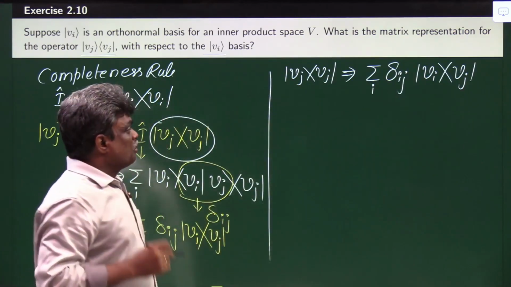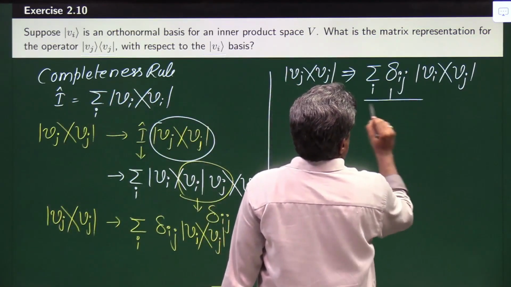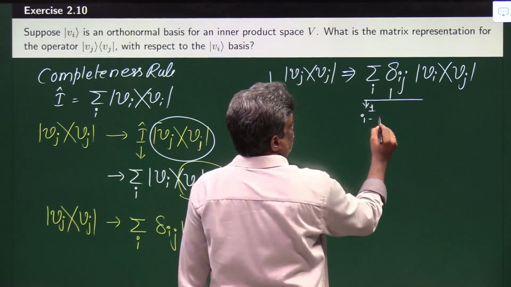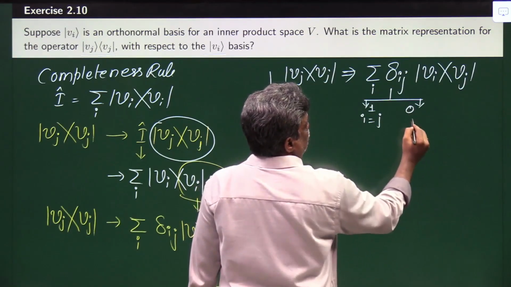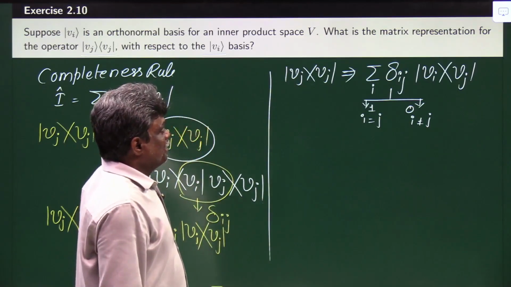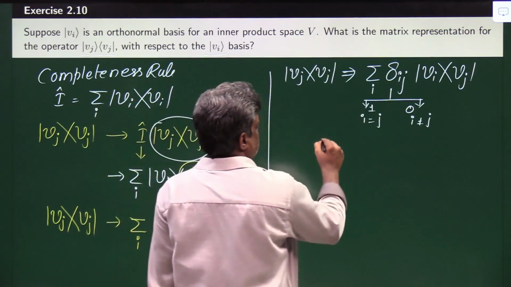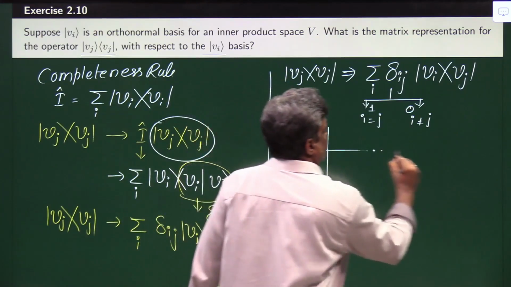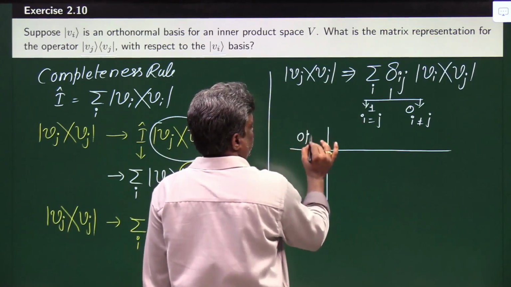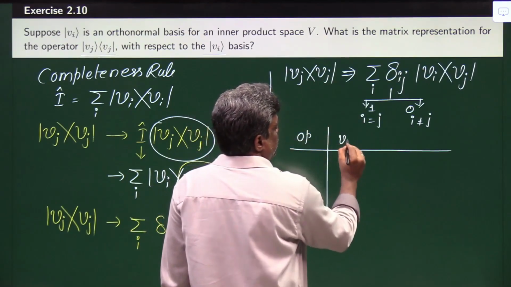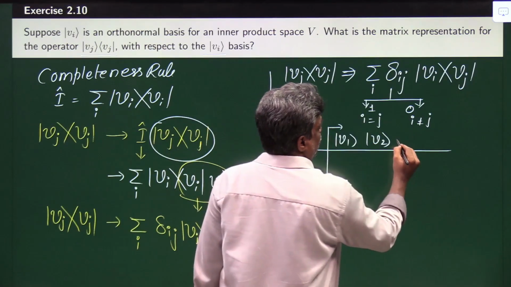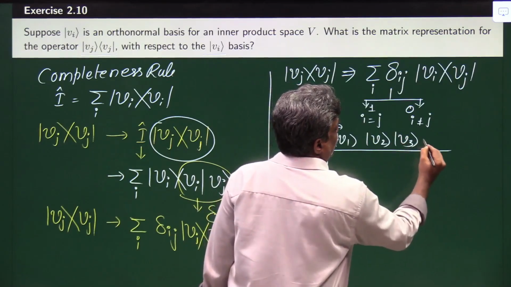Okay. So you know this property of Kronecker delta, this is equal to 1 only when i equal to j, that is a diagonal, and 0 if i is not equal to j. Okay, so if I take this matrix representation like this, let us suppose this is the outer product, and here I am taking the basis states as input. So ket vectors v1, v2, and v3, and so on.